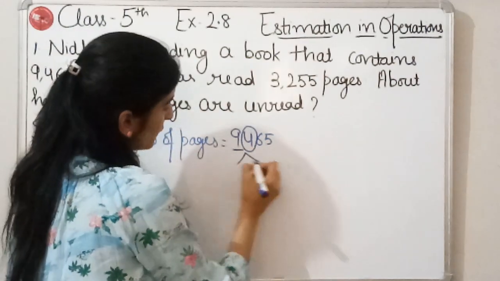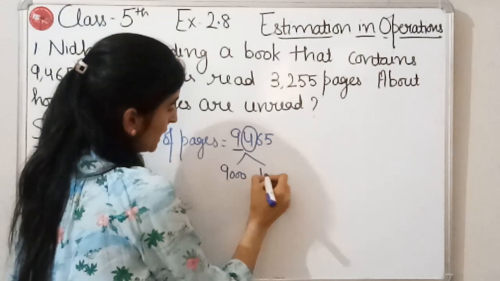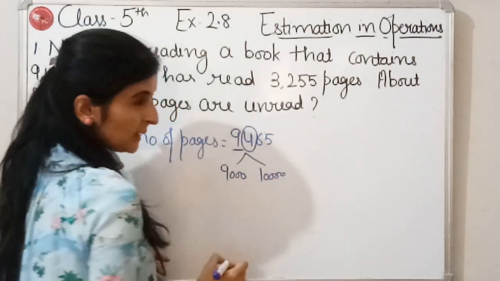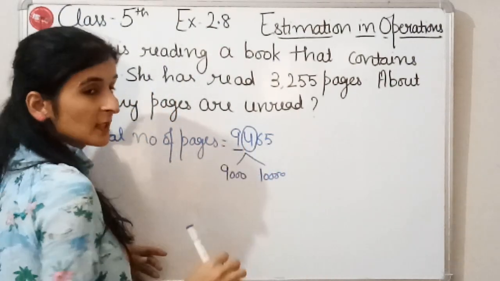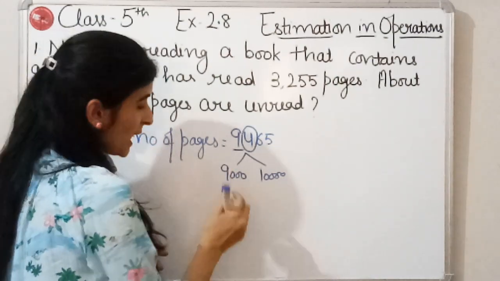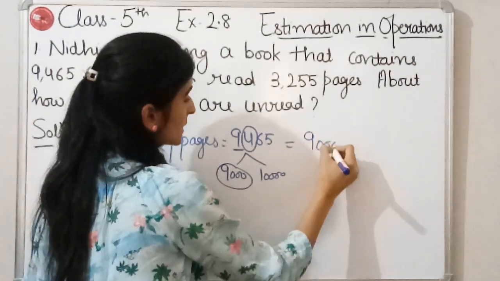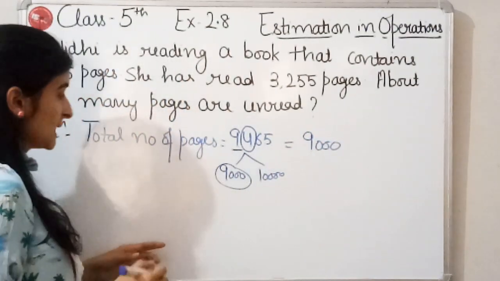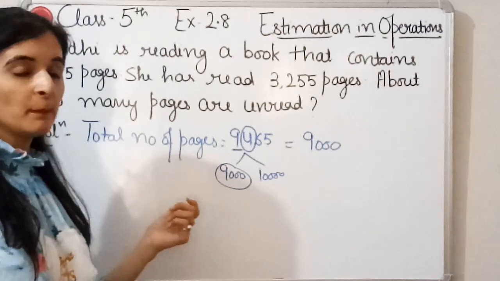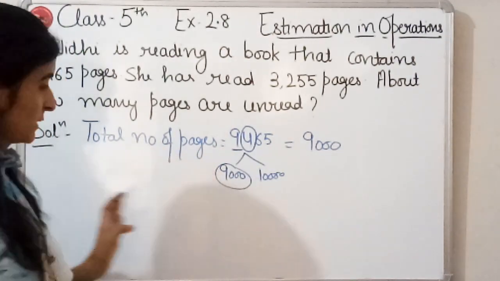Then we must know where it lies. It lies in between 9000 and 10,000. Now we will compare this 4 with 5. This 4 is less than 5, then this will be equal to 9,000. So it means the total number of pages in the book were about 9,000.